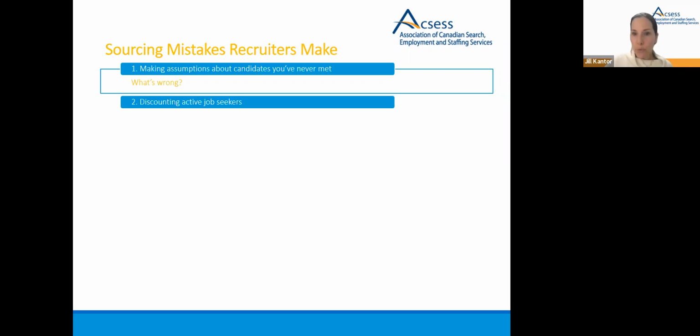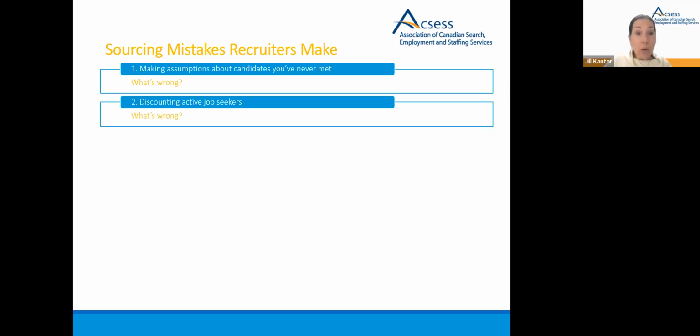Many recruiters today still might believe that only passive candidates are desirable. We used to sell that to the client: we're only going to bring you the passive job seekers, you don't want the ones that are active on the job market. That's not so much the case anymore. We ended up discounting them, and it's still a mistake that we can make, and we shouldn't.